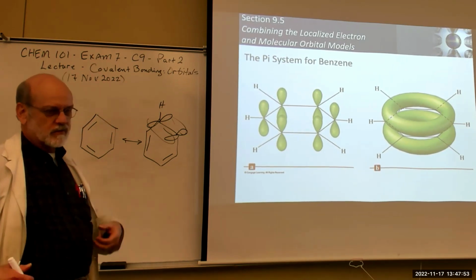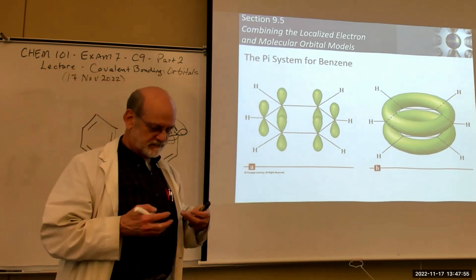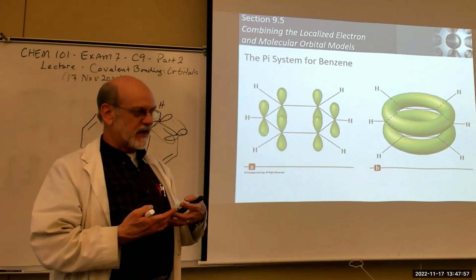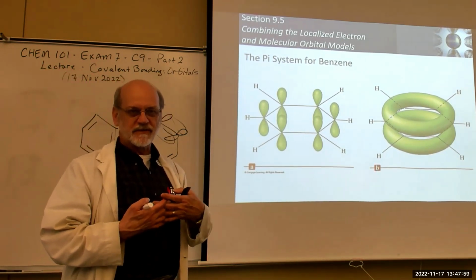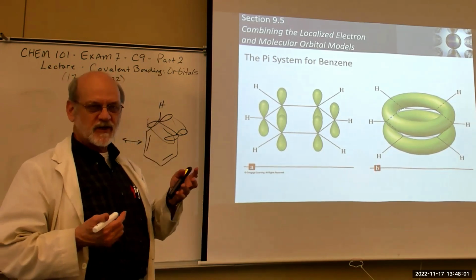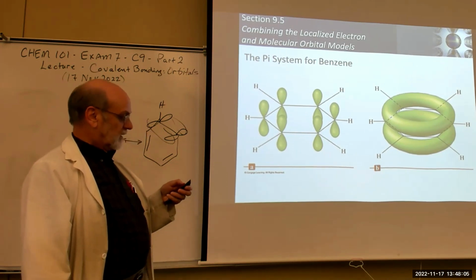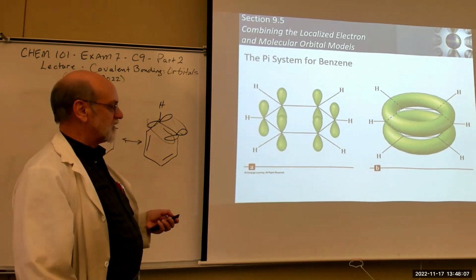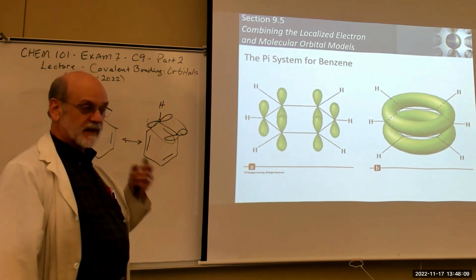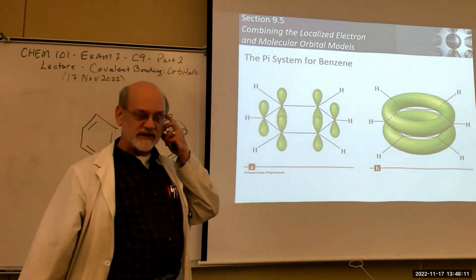So, like I said, we're kind of creating a Frankenstein's monster here with a localized electron model and the valence bond model put together. But the idea of delocalizing stabilizes the molecule. In fact, benzene rings are extremely stable.